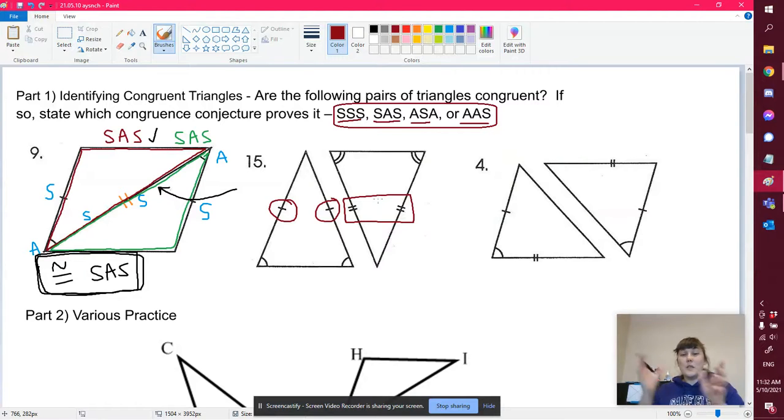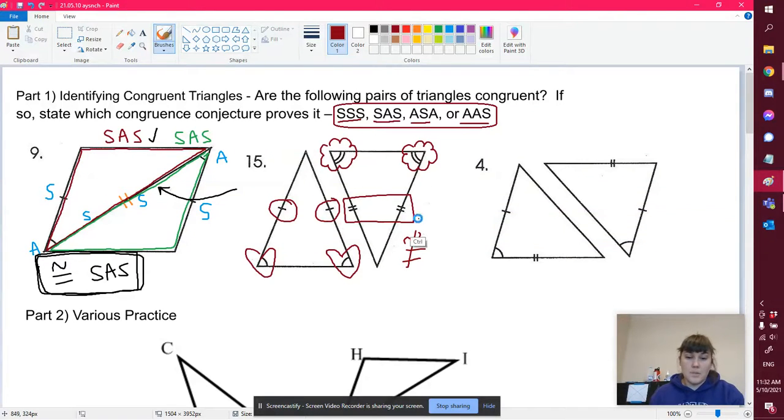So even though the drawing looks like it's the same, the tick marks are not telling us they're the same. Same with here. This angle is definitely congruent to this one, but we don't know whether the heart angles are congruent to the cloud angles, whether the 1 swoop angles are congruent to the 2 swoop angles. So these are not congruent.